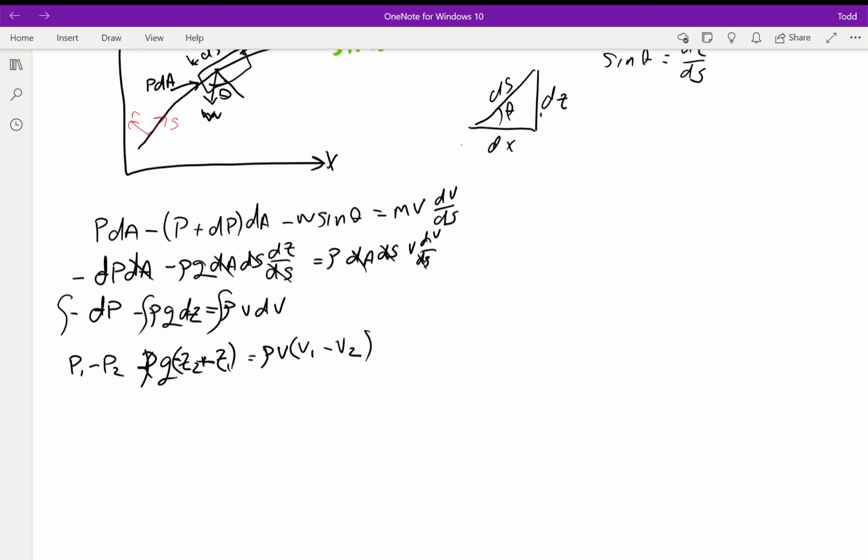Which gives us P1 over density plus half velocity squared plus gravity times Z1 equals P2 over density plus half velocity squared plus gravity times Z2.